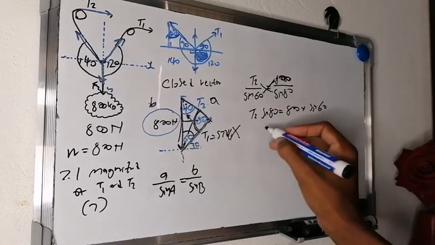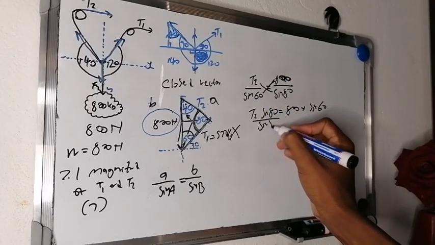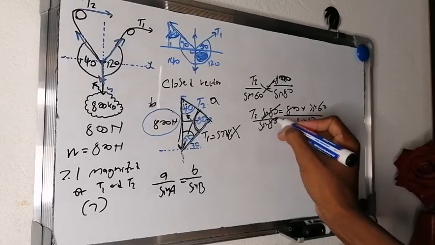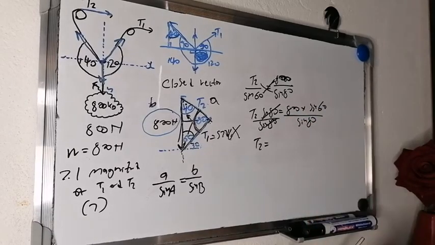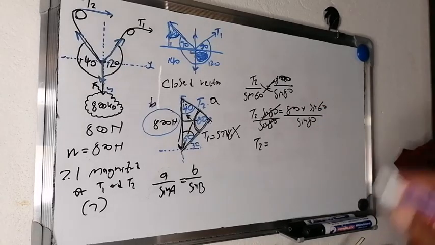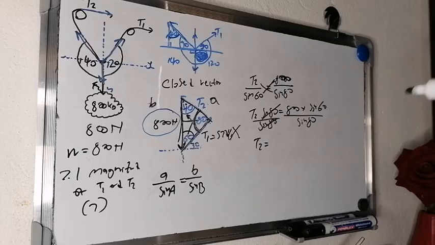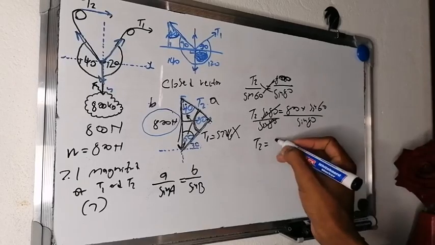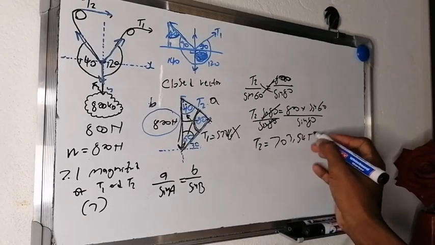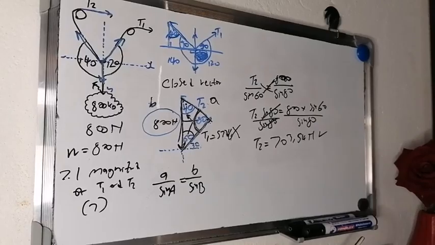You divide both sides by sine 80, this cancels, and tension 2 will be equal to 800 multiplied by sine 60 divided by sine 80. It will definitely give you 703.54 Newton. That is the value of tension 2.